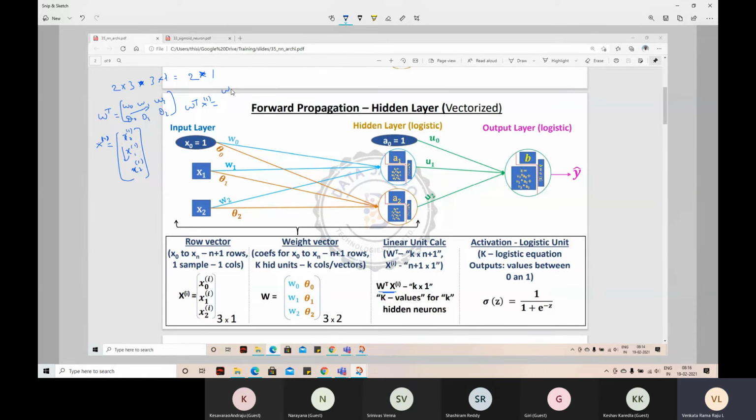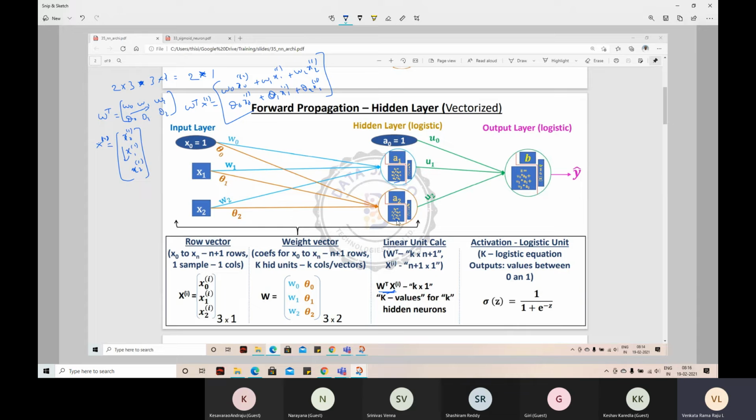I get W0 x0(1) plus W1 x1(1) plus W2 x2(1), that is theta 0 x0(1) plus theta 1 x1(1) plus theta 2 x2(1). That is the W transpose X operation.